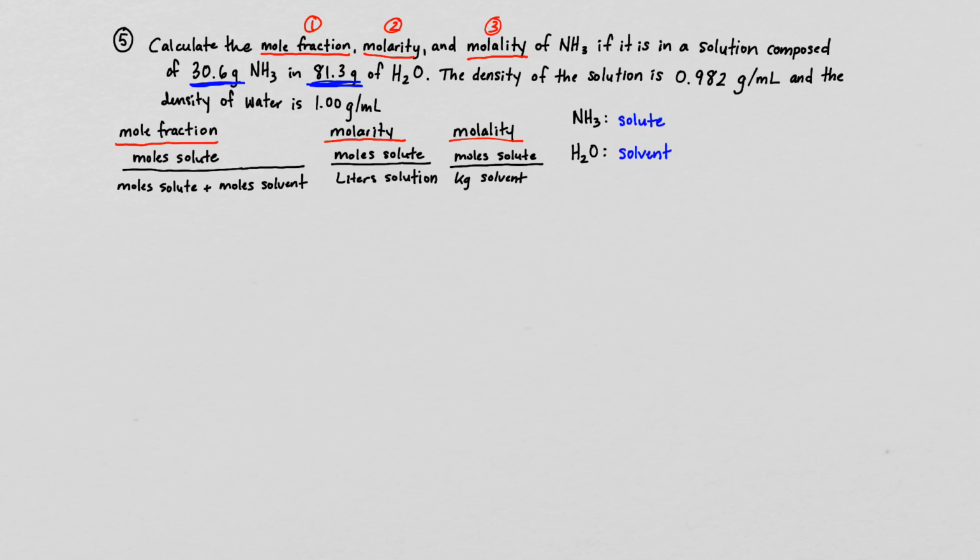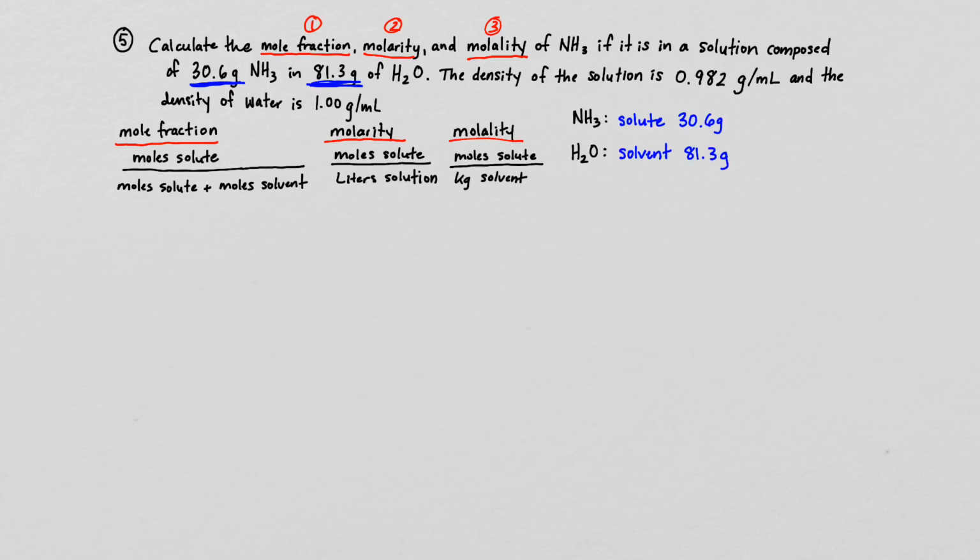Alright, and what I'm going to do next is I'm just going to put the values that we have. So we have 30.6 grams of this ammonia, and we have 81.3 grams of water. Alright, the next thing that I'm going to do is to find the molar mass of both ammonia and water.